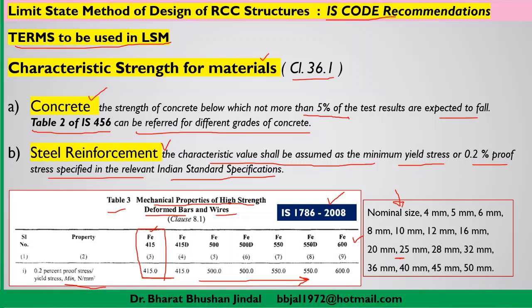These nominal diameter bars are available in the market, manufactured as per the codal guidelines. Whenever you design, you can take any diameter of bars from these values as per your requirement and application, which you will understand more effectively later on.